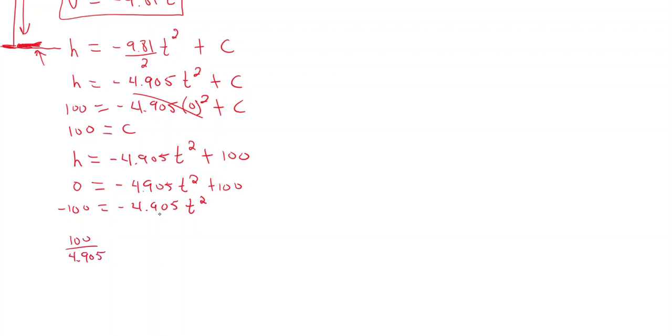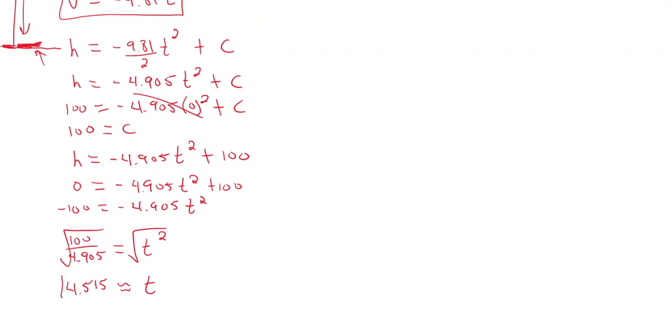They're both negative, so they become positive, and that is equal to t squared. Then we'll take the square root of both sides. So t is approximately equal to 4.515. I'll just leave a few extra decimals. We want to round to the nearest tenth, so we'll just leave it like that for now.